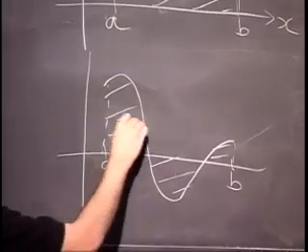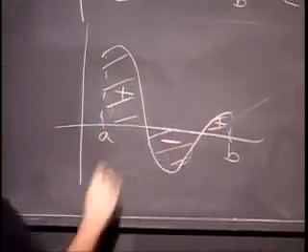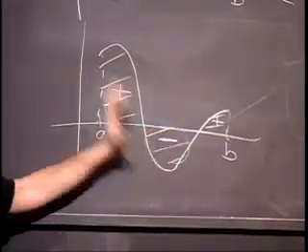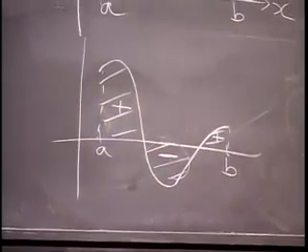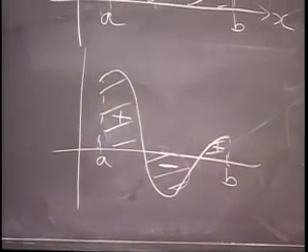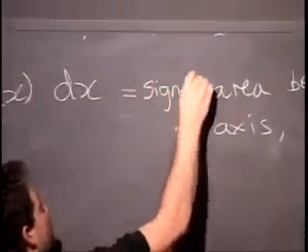So there's a positive area, and whatever this area is here is taken away. Actually, if there's more beneath the axis, the total area is negative. And instead of area, I'm going to call it signed area, just like I did before. So I'm going to fill in the words signed area here.